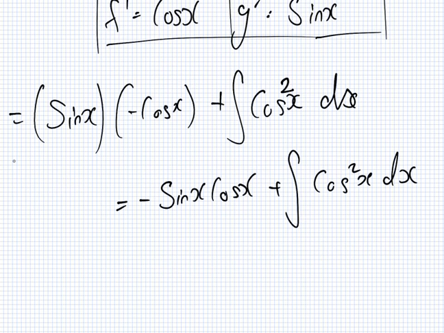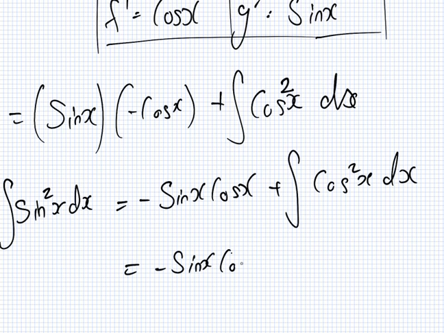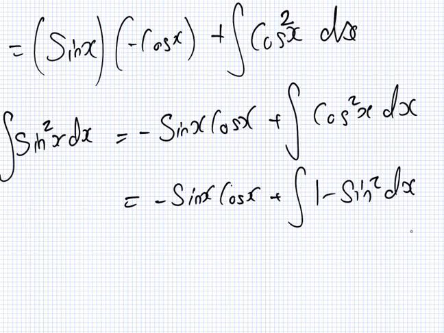So I know on the left I have in the question the integral of sine squared x dx. What is it? 1 minus sine squared x. Yeah, if I rewrite this instead as 1 minus sine squared x, it saves me having to do the integration by parts step again, because I have my sine squared take over now. So this will be minus sine x cos x, integration of 1 is x, and then this we don't know.